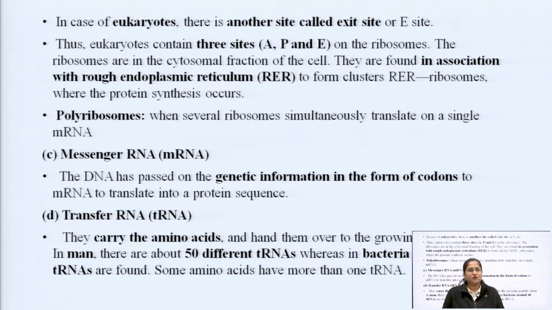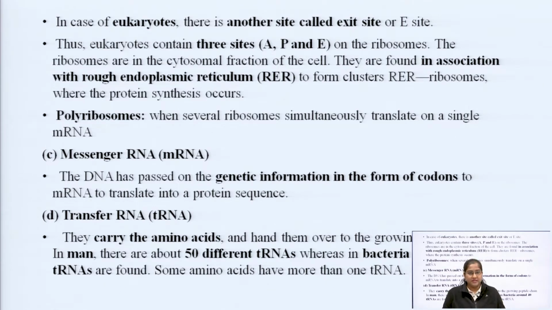Next, in the case of eukaryotes, there is another site. Earlier we studied the A site and P site, which is the case for prokaryotes, and in eukaryotes, along with the A site and P site, one more site is there, called the E site or exit site.